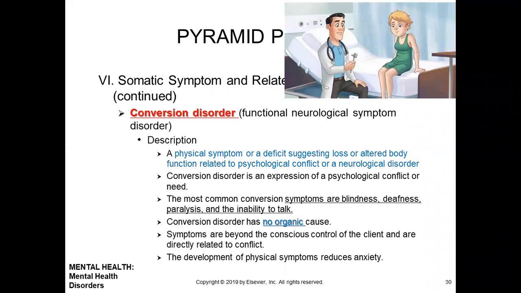The client has deficits in voluntary motor and sensory function. What the book said: a physical symptom or deficit suggesting loss or altered body function related to psychological conflict or a neurological disorder.